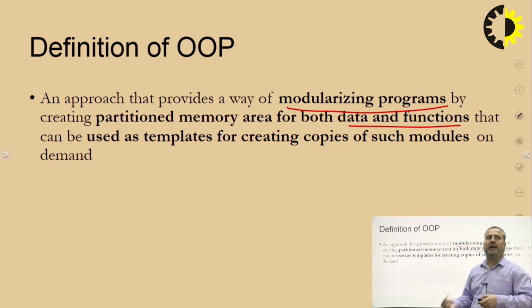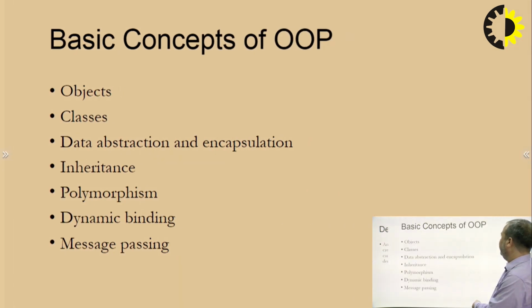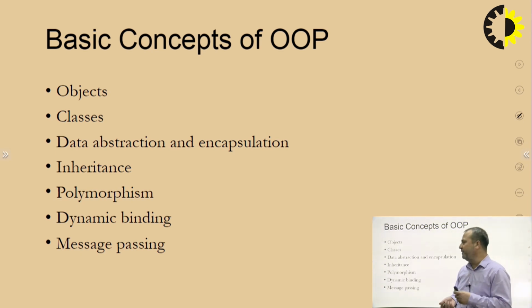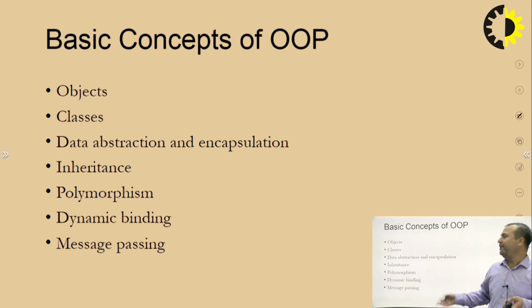Due to this the data is more secure because it is hidden and wrapped. So these are all the basic concepts of object oriented programming: object, class, data abstraction, encapsulation, inheritance, polymorphism, dynamic binding, message passing, and so on.